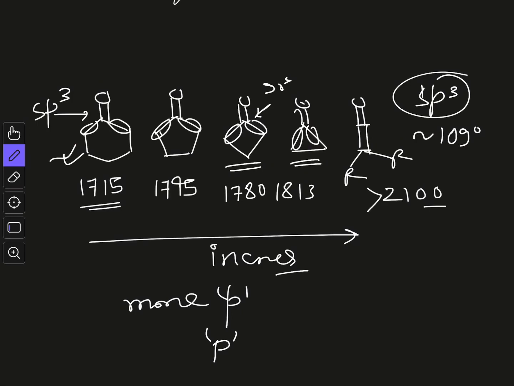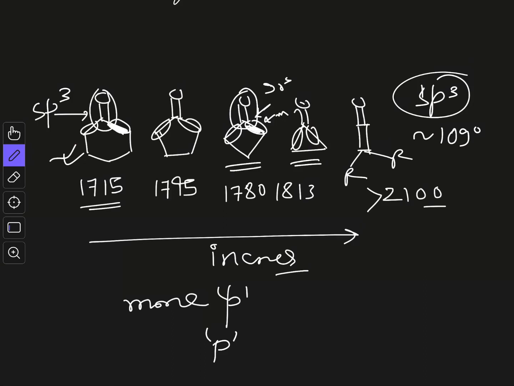But the moral of the story is, in this case this bond uses orbitals of more s character, whereas as the bond angle decreases, as the ring size decreases, this bond uses more p character, and that in turn will push more s character into the carbonyl group.